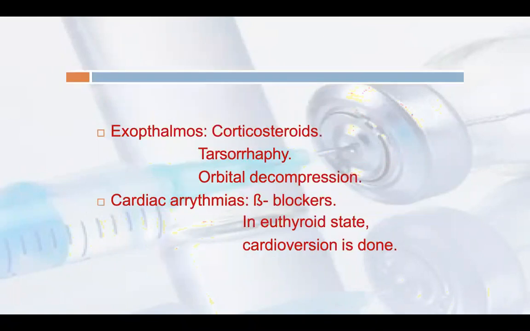For exophthalmos, corticosteroids can be given, then orbital decompression. For cardiac arrhythmia, beta blockers. In euthyroid state, cardioversion is done.